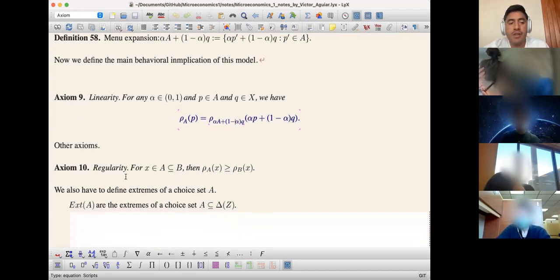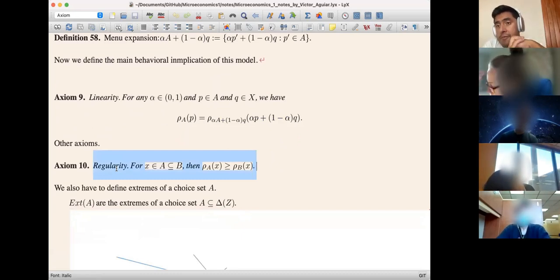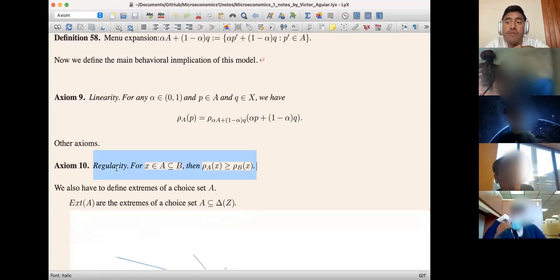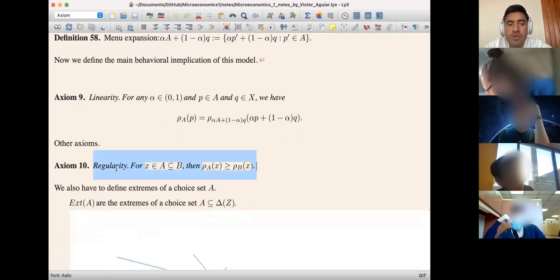So the other axiom that is required is this axiom of regularity. This is actually a very important axiom because remember that expected utility is a special case of general random utility maximization, right? So we know that the general model is not restricted, of course, in terms of what kind of utilities we have.